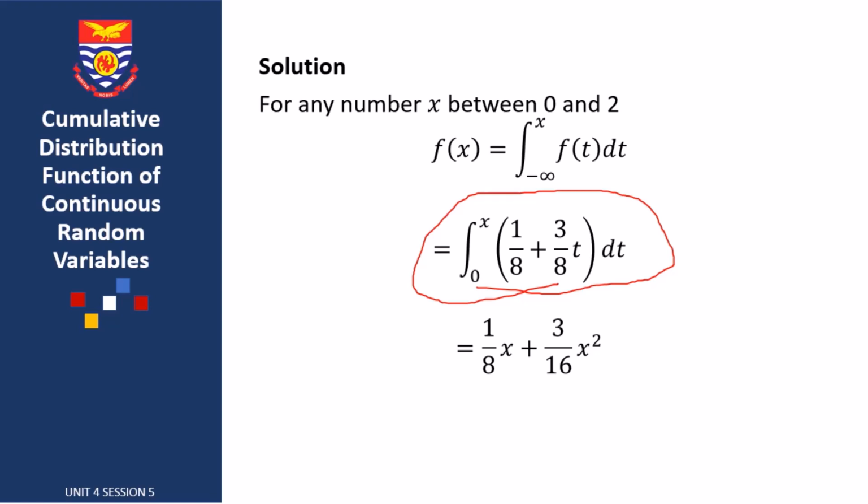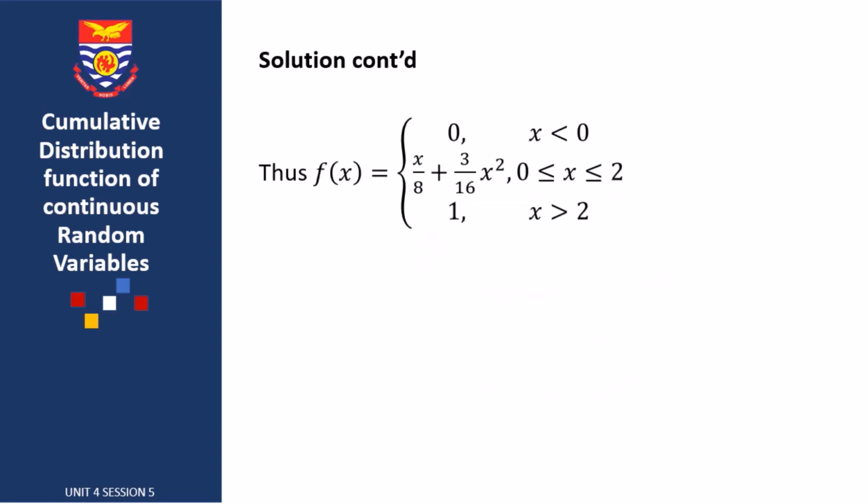The integration gives us 1 over 8 x plus 3 over 16 x squared, and that gives us this function. When x is less than 0, we have 0 as the answer. When x is from 0 to 2, we have the function as x over 8 plus 3 over 16 x squared. And for x greater than 2, we have it being 1.